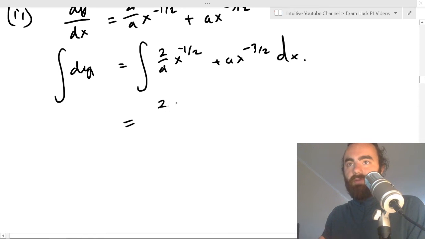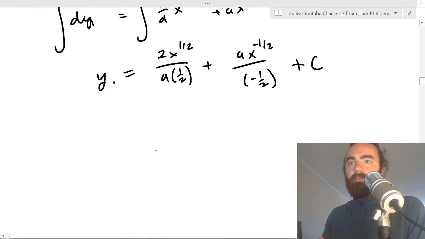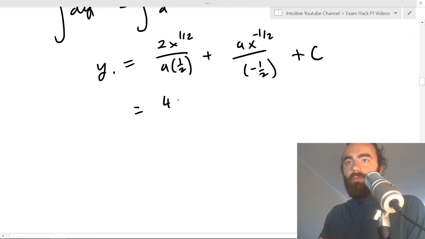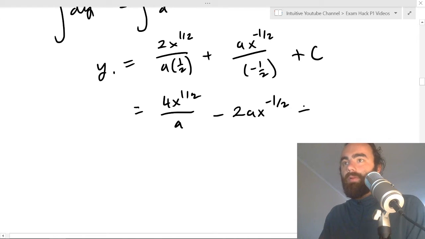And that becomes 2x to the half over a times a half, plus a x to the negative a half over negative a half, plus c. So that's our y. And then we can simplify this. We get 4x to the half over a minus 2a x to the negative a half plus c.